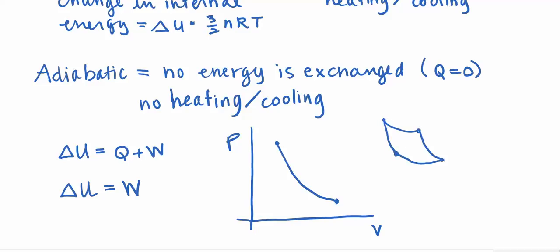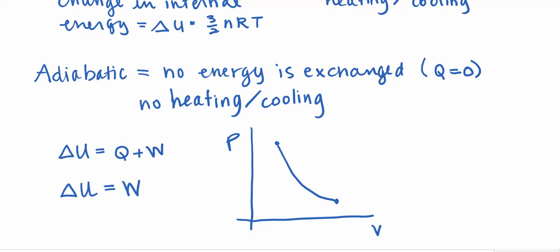So, for example, you could have a process where it was pressure versus volume, and this is isothermal, and this would be adiabatic, this would be isothermal, and this one would be adiabatic. So see how similar it looks? So that adiabatic process is like insulated from the environment. There's no energy exchanged with the environment.